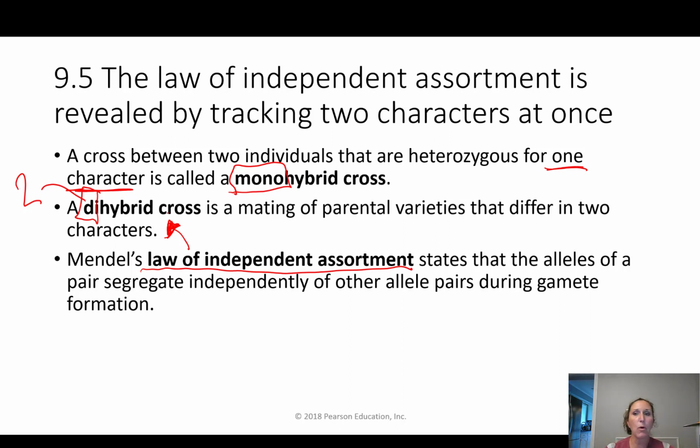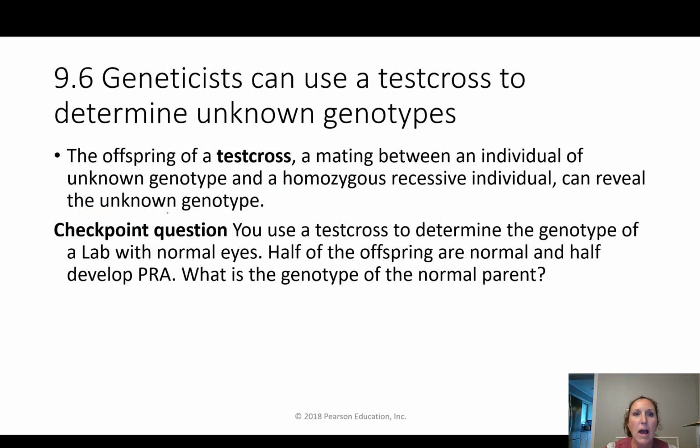All right. Now, what if you get into a situation where you don't know what the genotype of the parents are? Okay. So if you have a parent, you are going to do a test cross. And a test cross is mating an unknown with a known.